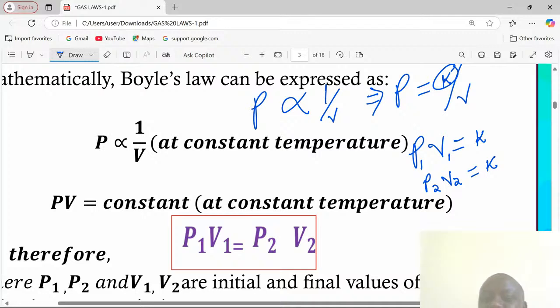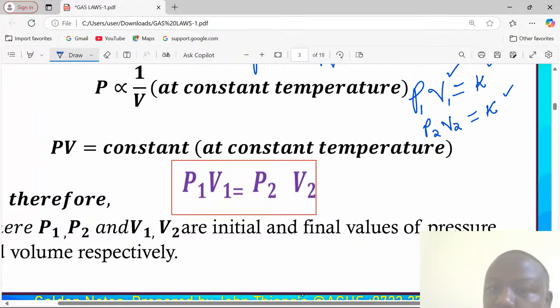Therefore, there is a constant relating how pressure is varying with volume in this experiment. Since a certain pressure and the corresponding volume give a constant, and after varying the pressure to get a new volume we also have the same constant, we are right to equate pressure 1, volume 1 to pressure 2, volume 2.